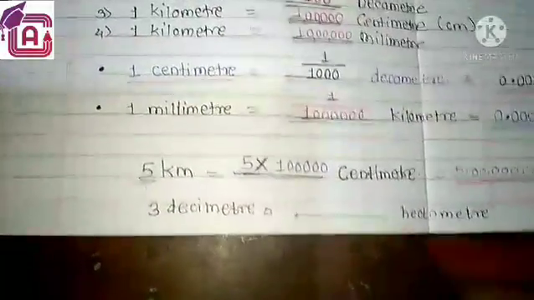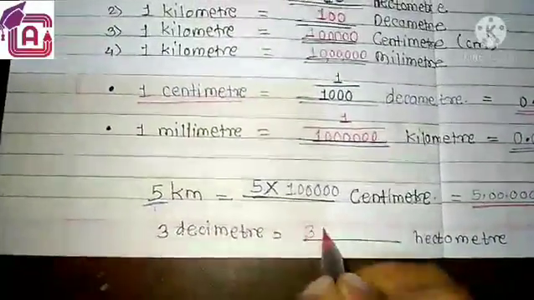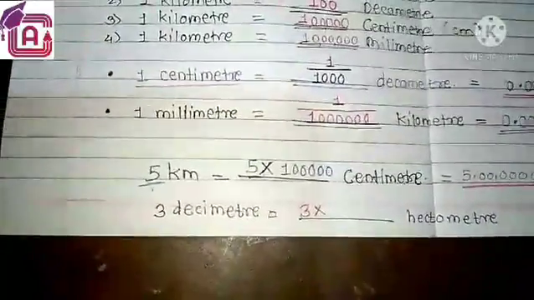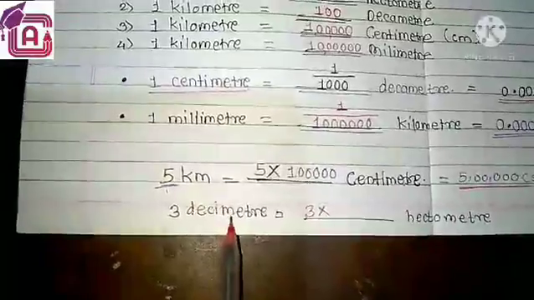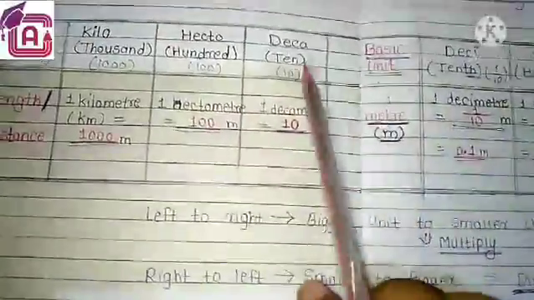So what we are doing, first write down this 3 as it is and then write down multiplication sign. Now count down the places from deci to hecto. Decimeter to hecto. So on the left side of this, hecto is present 1, 2 and 3 at the third place.